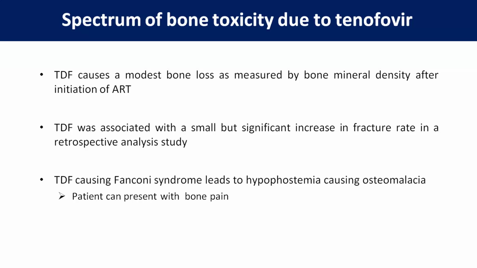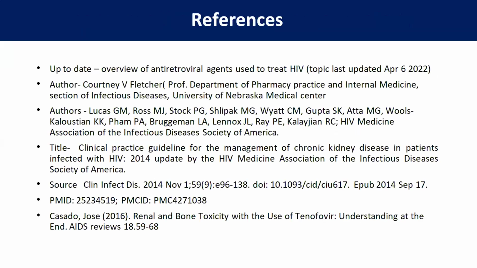So osteoporosis and osteomalacia are important whenever suspecting tenofovir bone toxicity. In severe cases, it can produce Fanconi syndrome, leading to hypophosphatemia, and as I have already mentioned, causes osteomalacia. Even the patient may present with bone pain. These are the references.